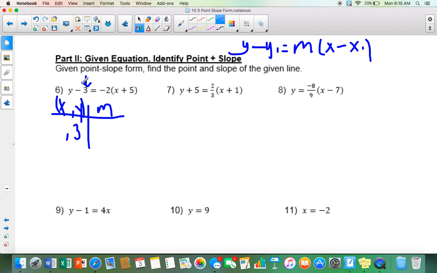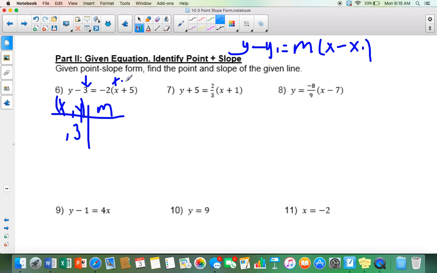Now this is where people get confused. I tell people for this one, you always give the opposite of what you see. Because right now you see -3, so a lot of people want to write -3. But if you remember, we're just plugging directly into our formula. So when it says y minus y1, that means our y1 was a +3. And then if you see over here, it doesn't say x minus 5.